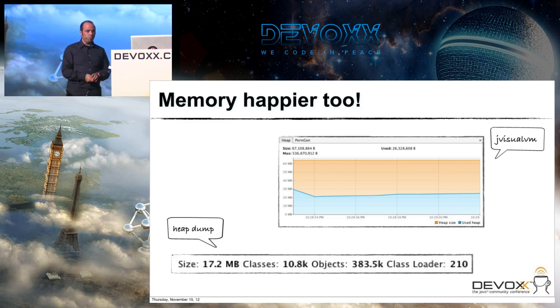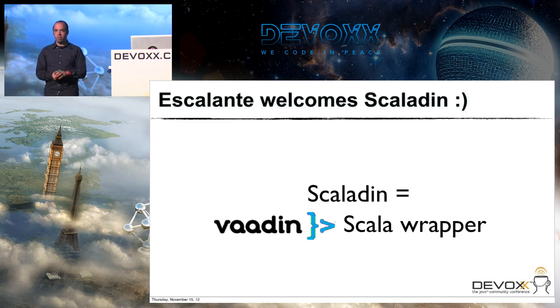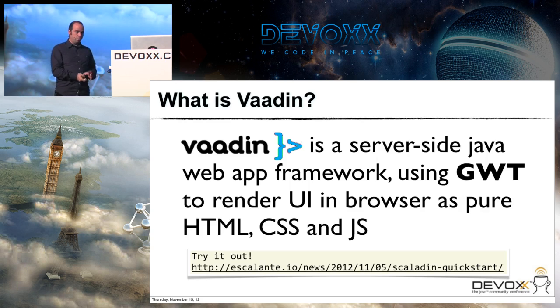Another thing that I've been working on recently with the Vaadin community has been integrating Escaladin into Escalante. Escaladin is essentially a Vaadin Scala wrapper. And what is Vaadin? Well, this is a very short intro, but my next talk after this is given by Jonas Lenningen, the CEO of Vaadin, who is going to be explaining more about Vaadin itself.